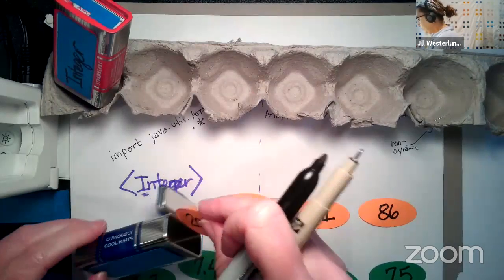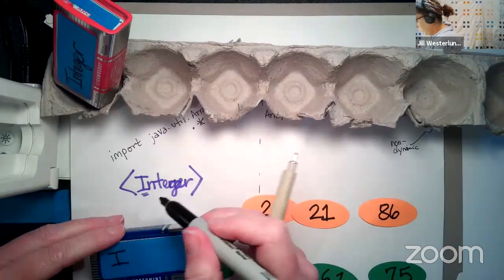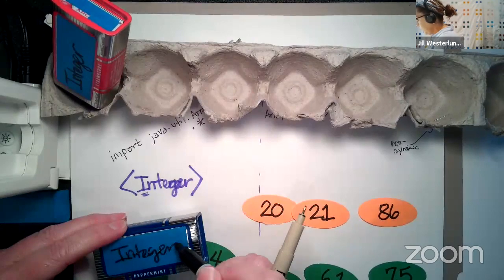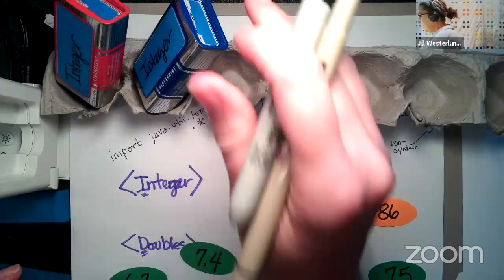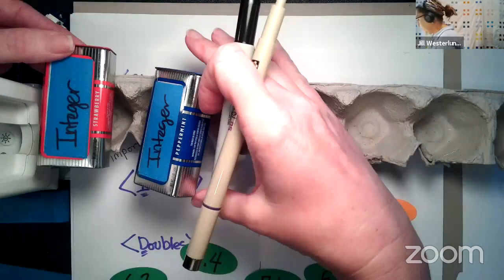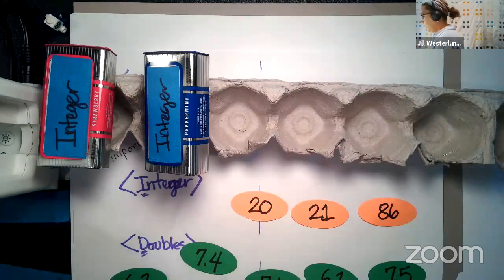Because I told it that I wanted something of the Integer type, it'll let me do that. So that's physically what Java's doing: it's going to take all of my ints that were primitive and wrap them up and put them in there.